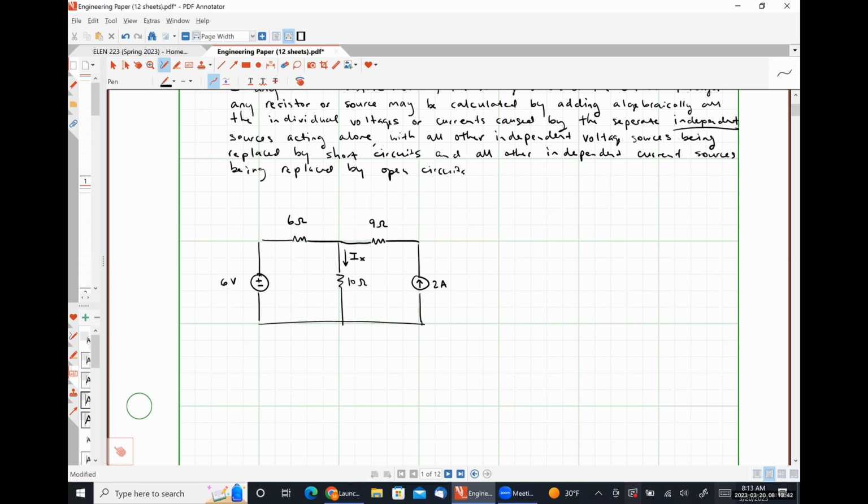So we are going to solve for this quantity IX in 2 different ways. We are going to brute force it by effectively throwing the kitchen sink at this problem: Kirchhoff's current law, Kirchhoff's voltage law, and Ohm's law, developing a series of relationships that will allow us to solve for IX. And then we are going to approach it using the superposition principle or superposition theorem.